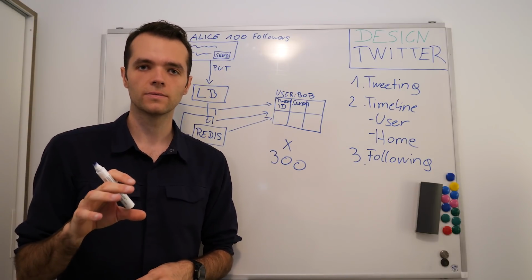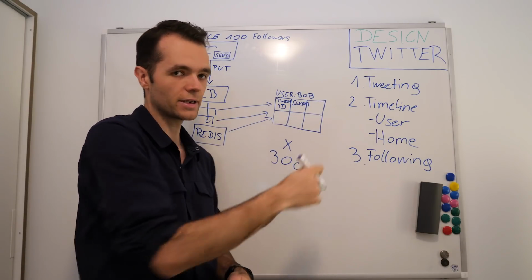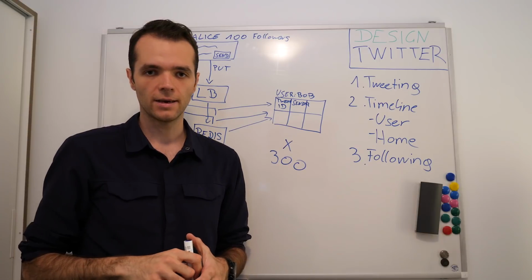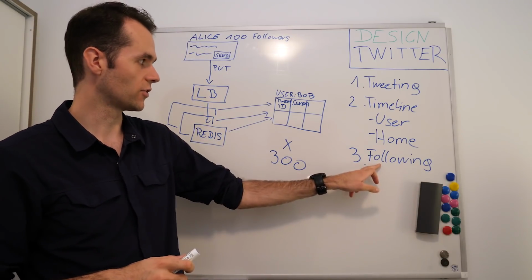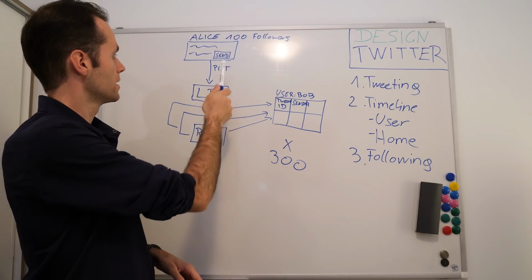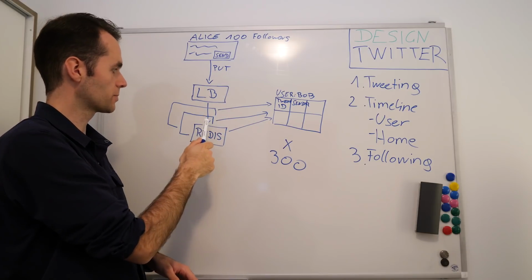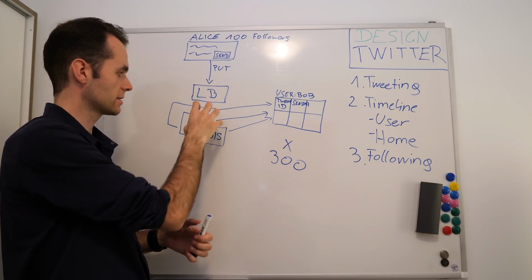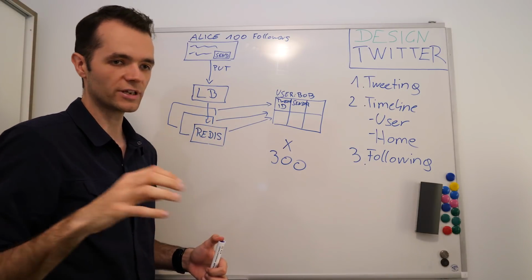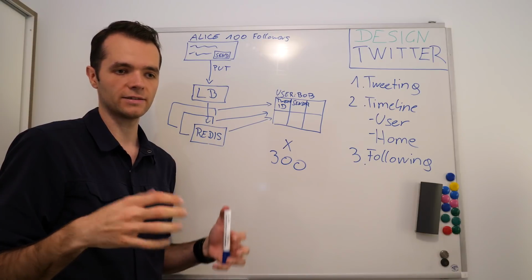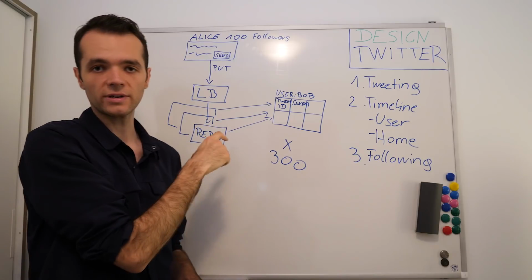Okay, now this is somehow covering all of those 3 core features. What we need to add here is the feature of following. So in here, there has to be a point where after the load balancer hits this and then we populate those Redis lists, we need to have a place, a database table where we know who is following Alice.